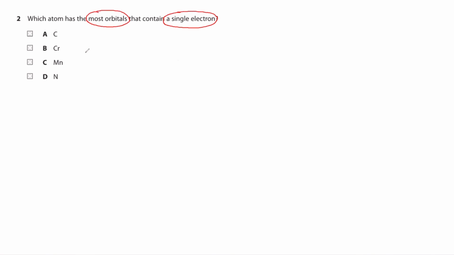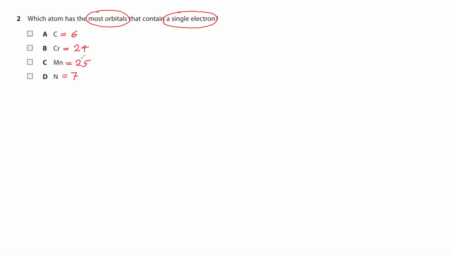If you check your periodic table, carbon's atomic number, that means the number of protons in its nucleus, is 6. Nitrogen's atomic number is, right after carbon, 7. Chromium's atomic number is 24. Manganese's atomic number is 25.